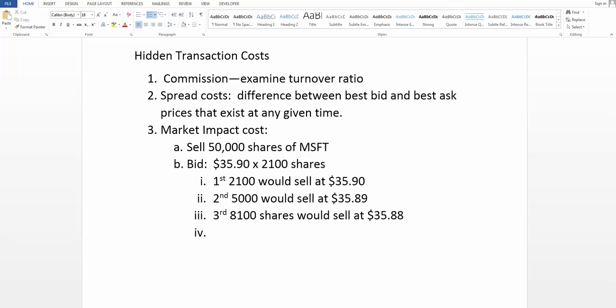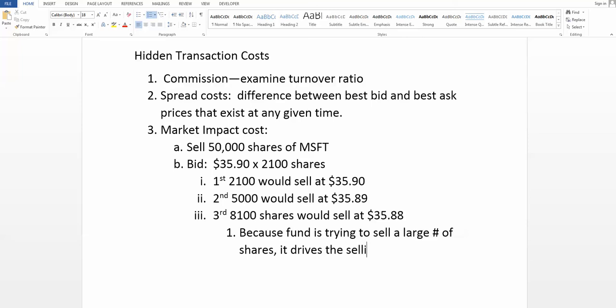But basically, because our fund is trying to sell a large number of shares, it drives the selling price down, which is a bad thing.